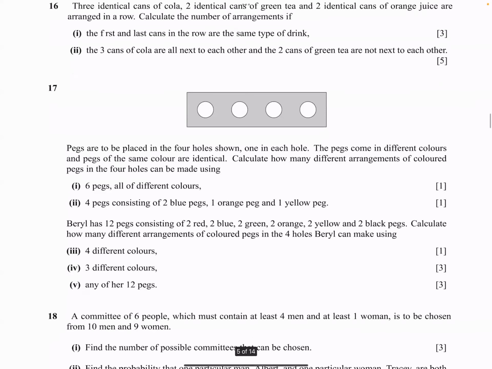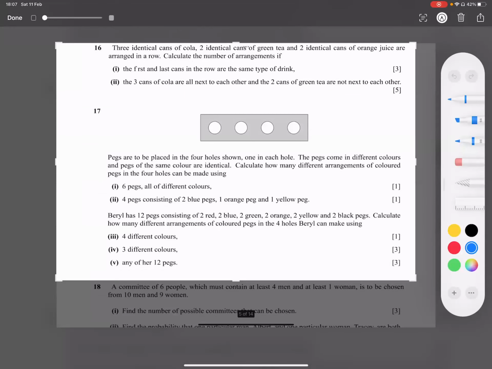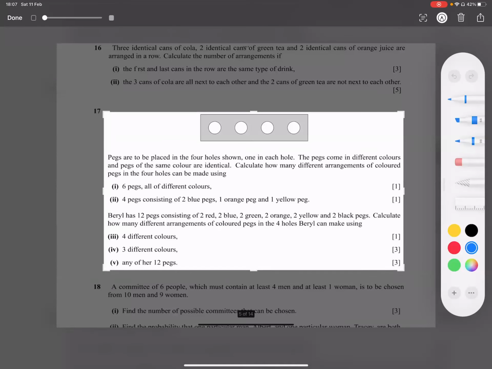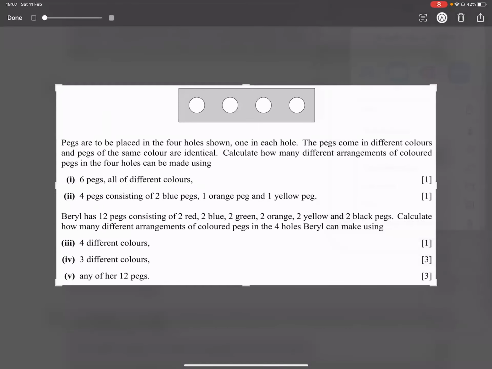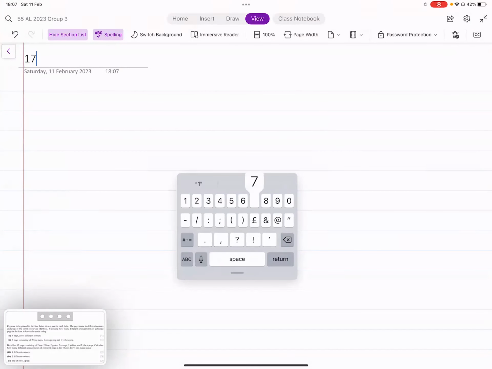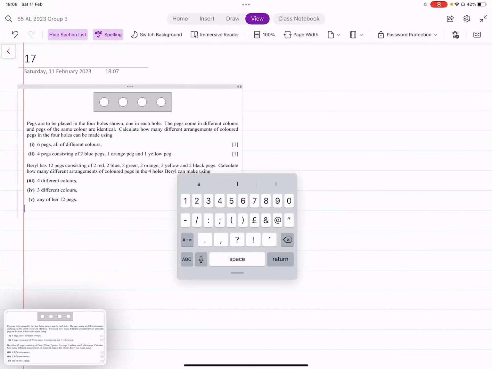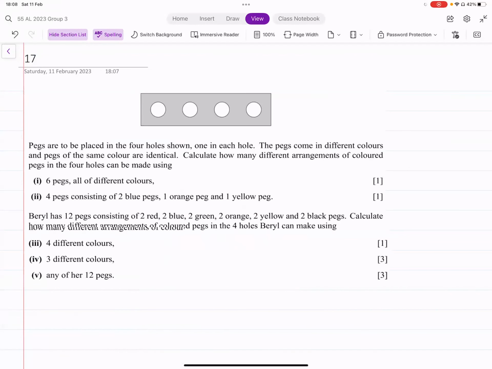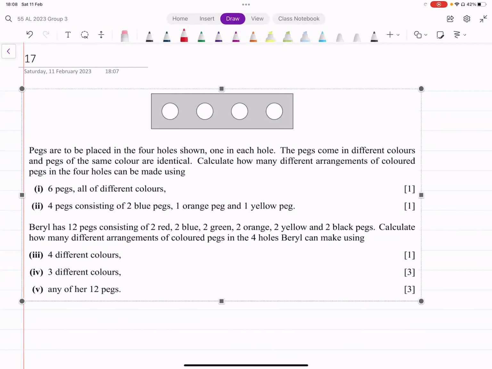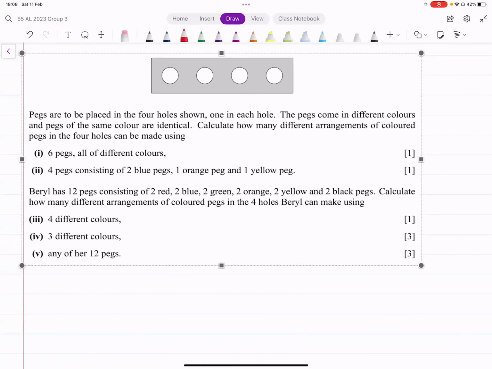Question number 17 from the worksheet. Let's look at this. Okay, it says pegs are to be placed in the 4 holes shown, 1 in each hole.